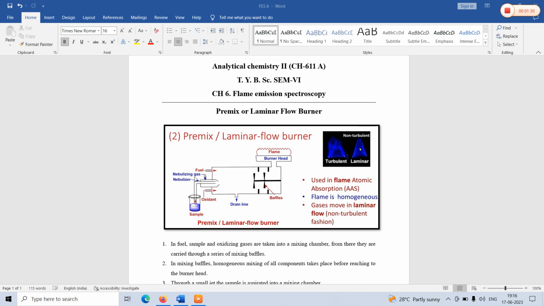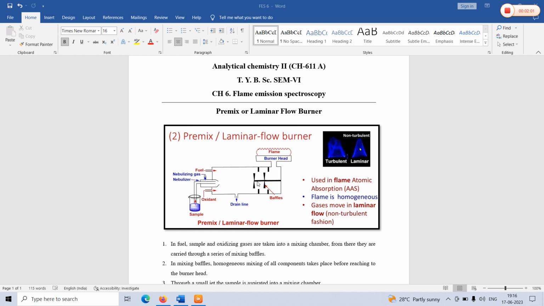According to the block diagram given here, there is a fuel pipe where the fuel passes, an oxidant pipe where the oxidant passes, and the sample solution where the sample passes. All these three constituents, namely fuel, oxidant and sample, get mixed in this chamber, which is the mixing chamber.